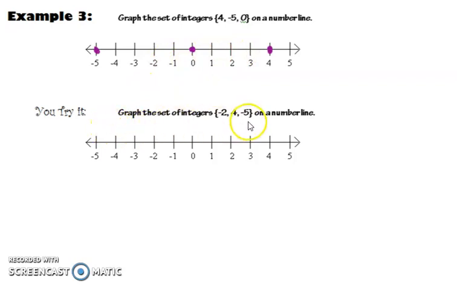So if you're going to plot this one, just pause it right here and think, where would I plot these at? And you could even plot them on the same line if you want to save yourself some paper. Just make an X or something. Okay, so -2 is right here, +4, and a -5. These should be familiar to you. You should have done this in previous years.